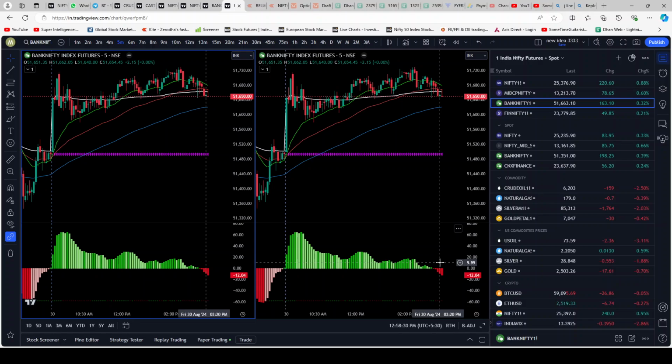This indicator seems to be working on a similar logic. The numbers are very close, they're not precise, but they are very close. And I think this can do wonders when it comes to intraday.